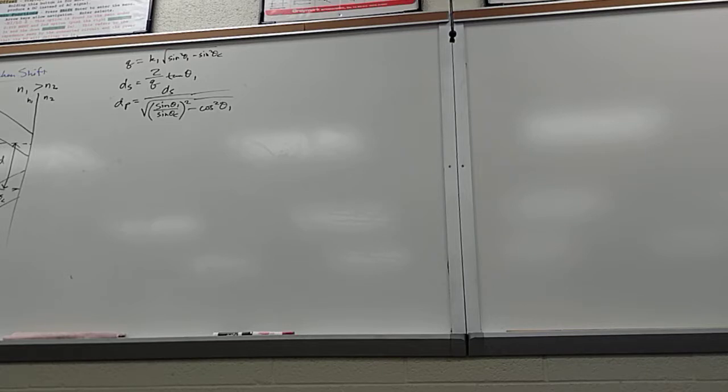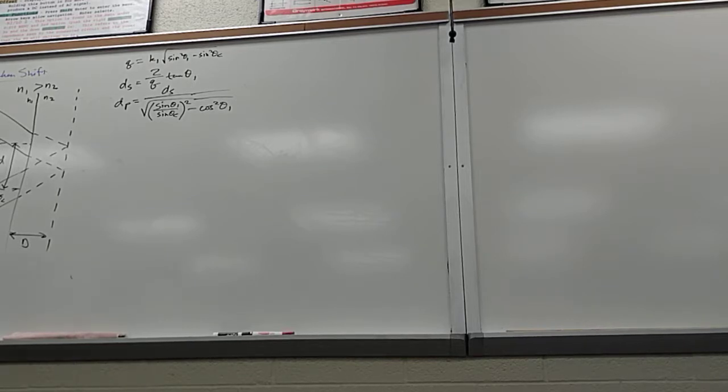And you can think of what is going on as, if I extend these rays back here like this, it's like the light is being reflected from a buried interface at distance capital D behind the actual physical interface.